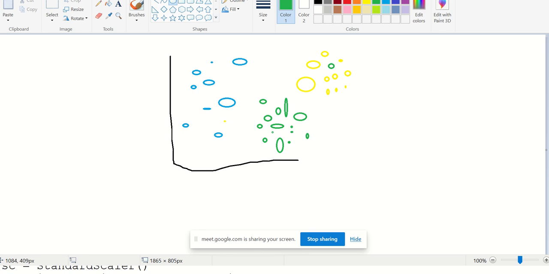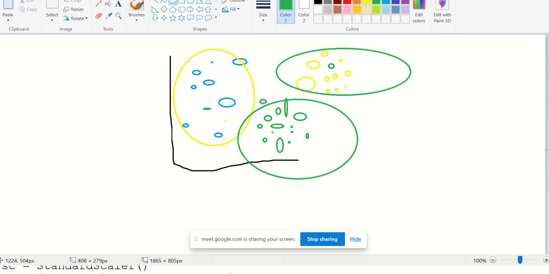Now these dots we can visually say can be divided into three groups. This is one group, this is another group, and this is our third group. We can say that these are the three groups. But in actual case there can be multiple groups.